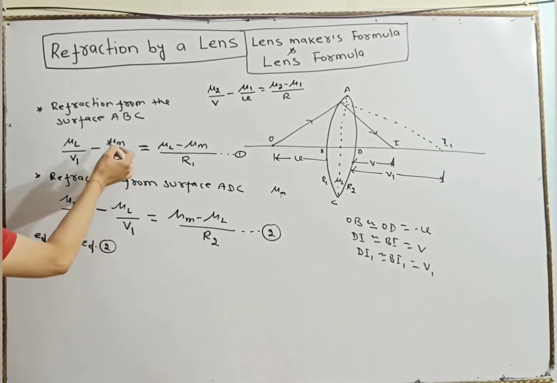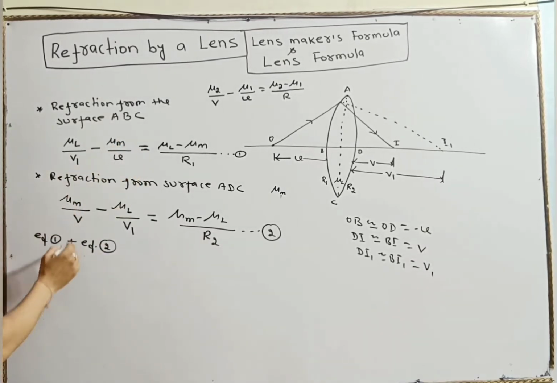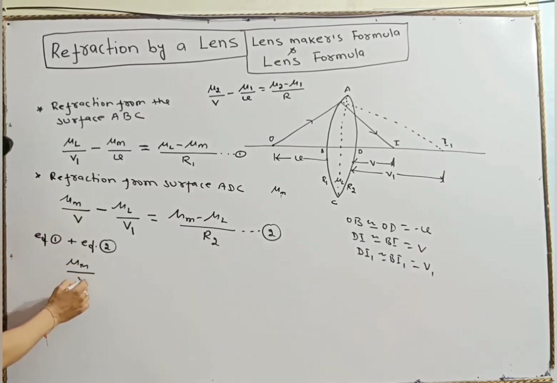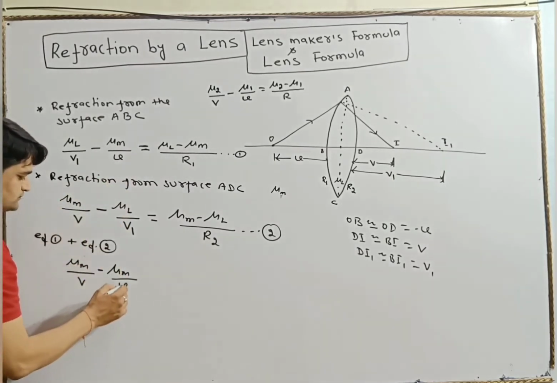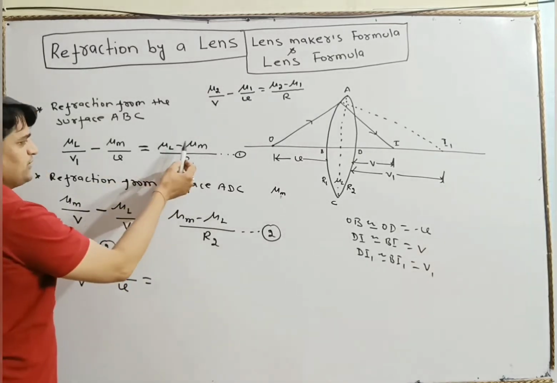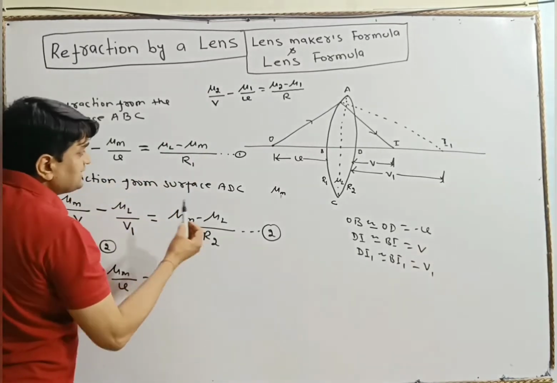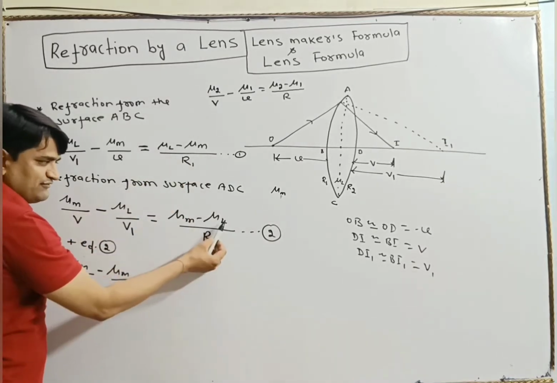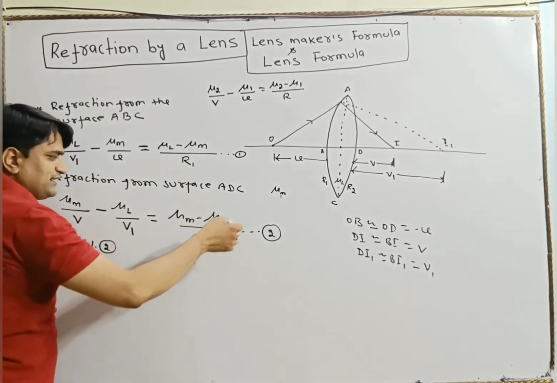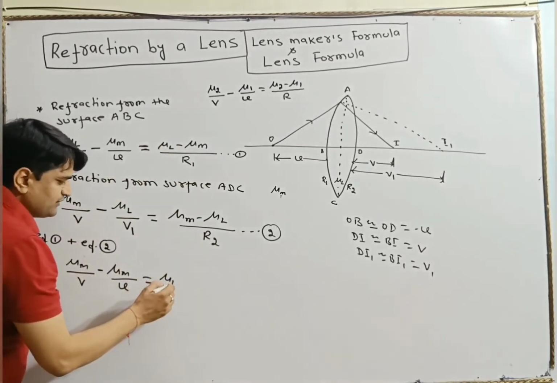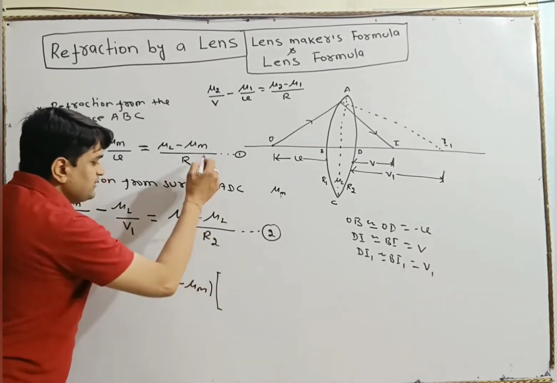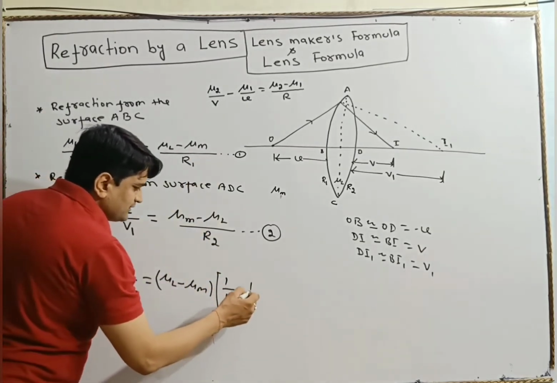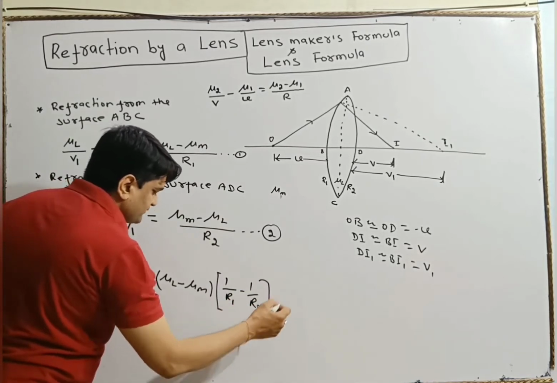Here is mu M upon V and minus mu M upon U. So the result will be mu M upon V minus mu M upon U. On the right side, mu L minus mu M, and here mu M minus mu L. If I take mu L minus mu M as common, it will be 1 upon R1 minus 1 upon R2.